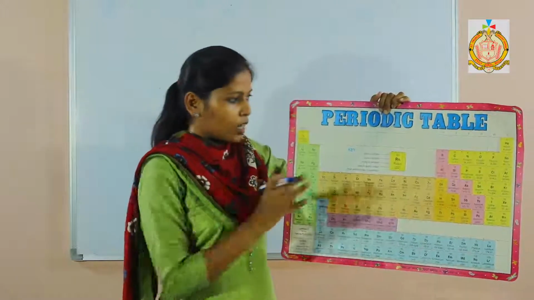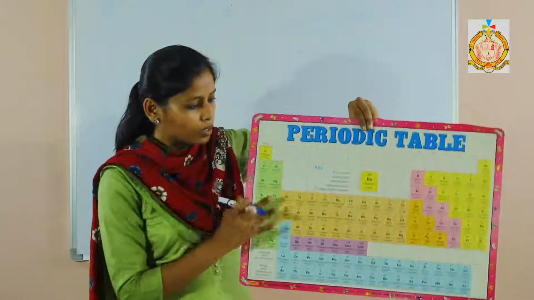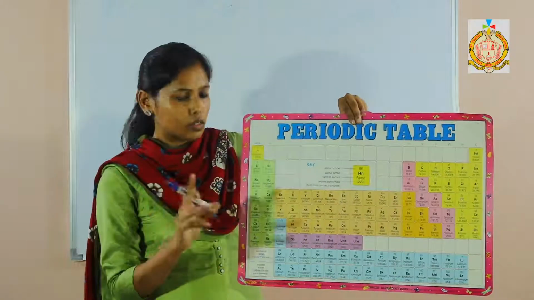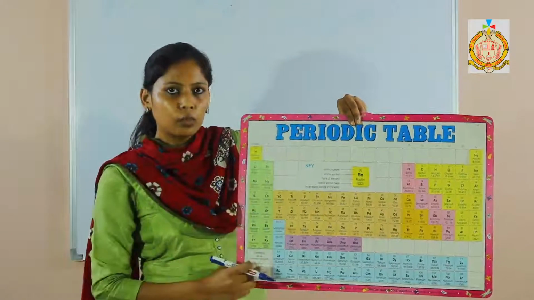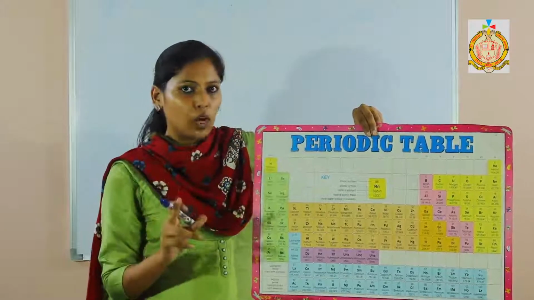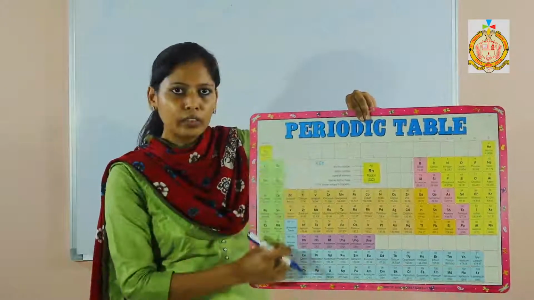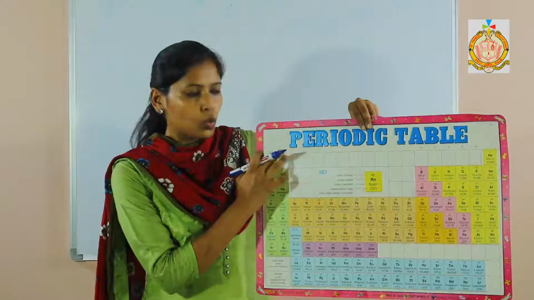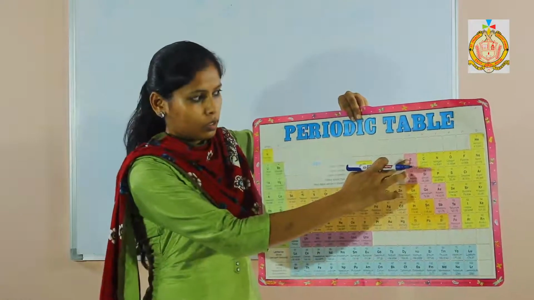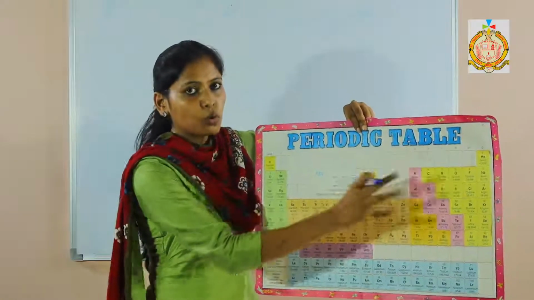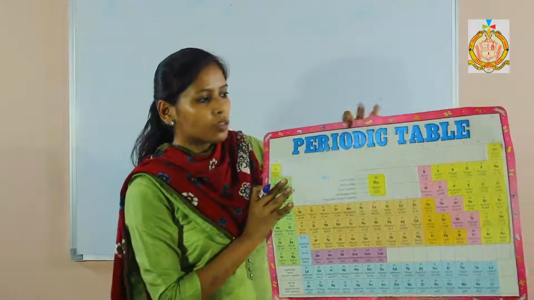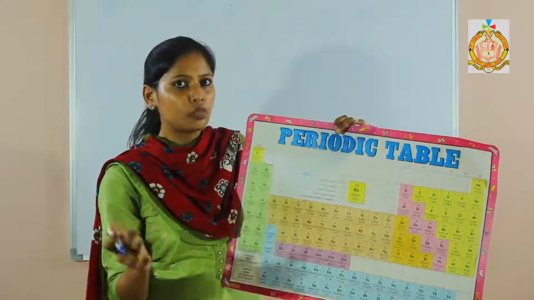Next one is valency. Yes, we can correlate the position in the periodic table with the valency. See, group 1 elements have valency 1. Group 2 elements have valency 2. Group 13 and 14 elements, how to find? It is by subtracting 10 from 13 and 14.